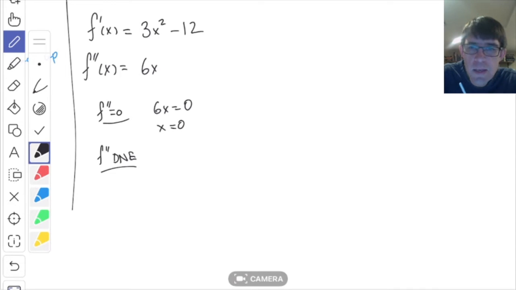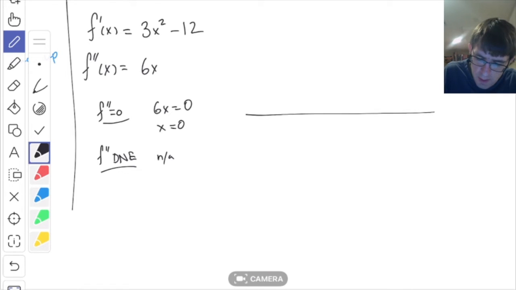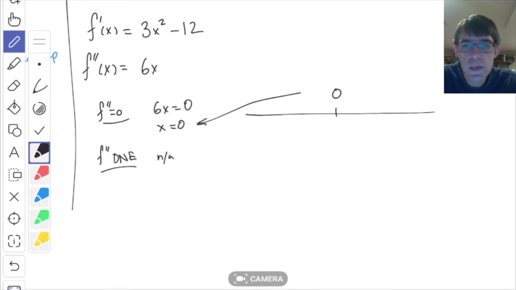Remember, for the DNE part, you're looking for denominator equals 0, but the second derivative has no denominator, so I'll just say NA. Anyway, that means my chart has only one number on it: x equals 0, my number where the second derivative is 0. Sorry about that. I put 6 just because I saw a 6 on the page, but it's not 6. The second derivative is 0 right there.